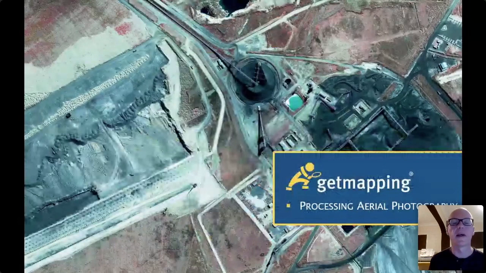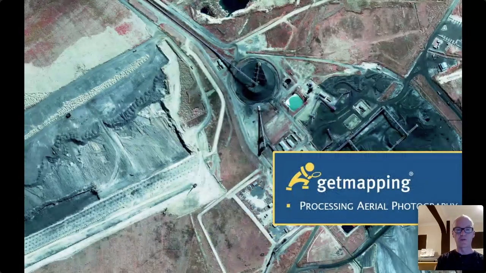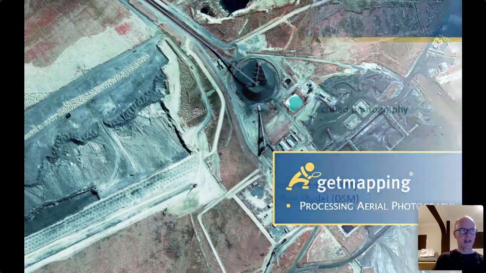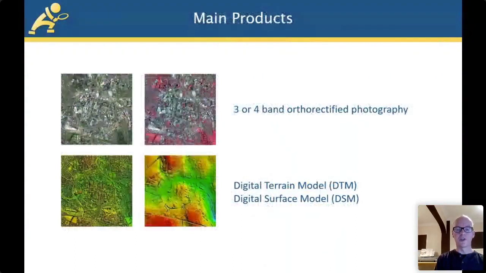So assuming you've had a good flight, you have been let in, you've got all of the data you can, the next stage is processing. This is going to take the imagery from a load of individual photographs taken of our 3D lumpy surface of the Earth.